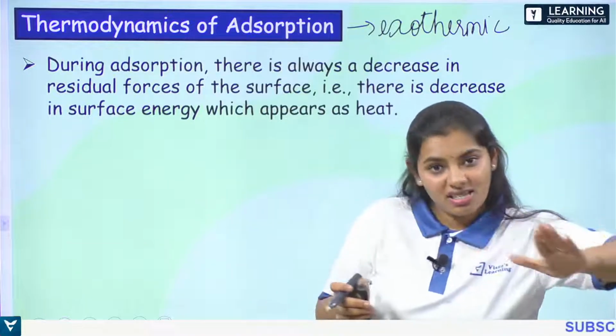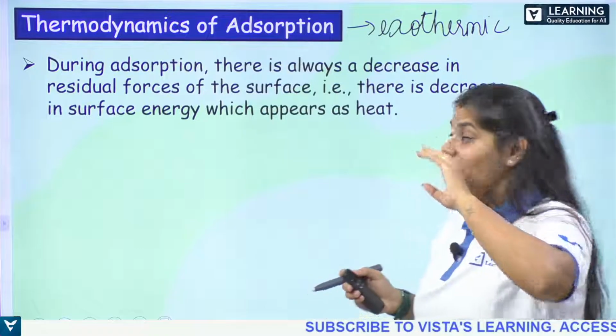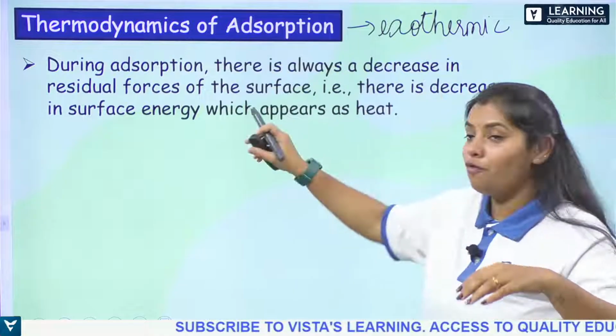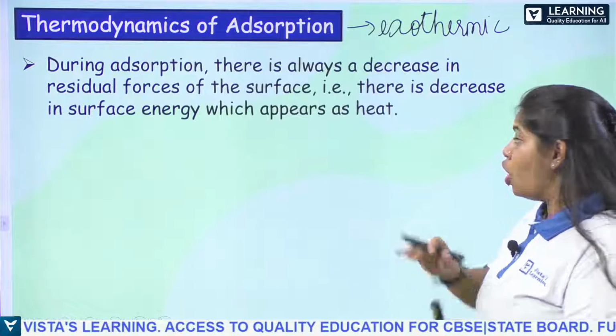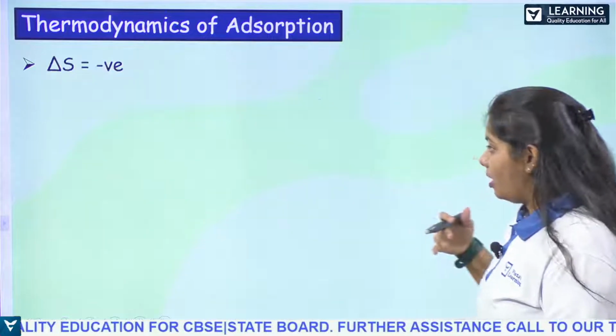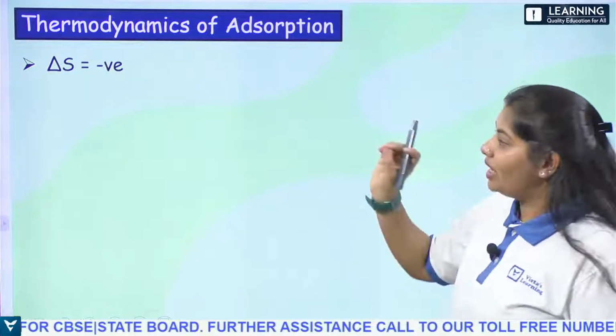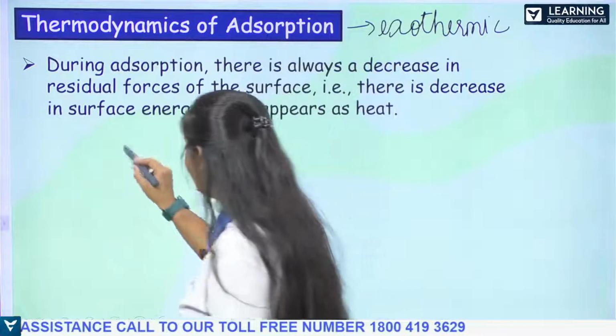Once the surface area is occupied, the surface energy is utilized. That is the reason there is a decrease in the residual forces on the surface. There is a decrease in the surface energy also, which is given out in the form of heat. That is the reason delta S is going to be negative. Okay, so basically the Gibbs free energy, what is there?